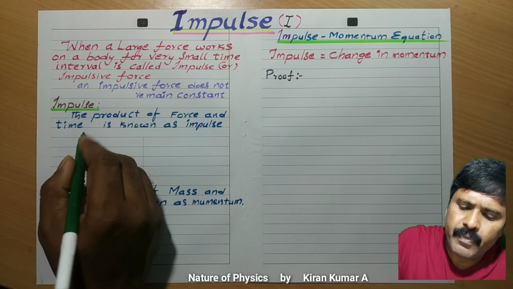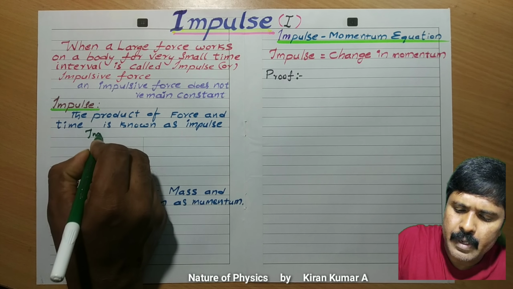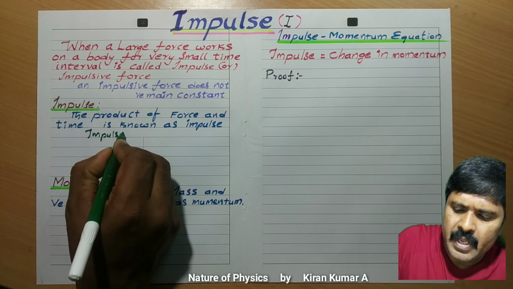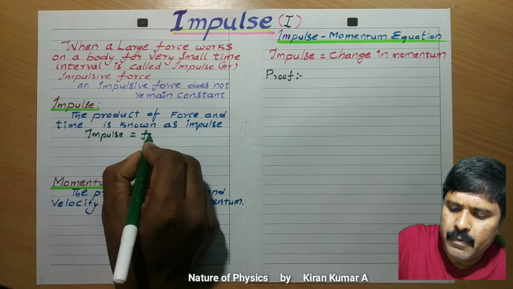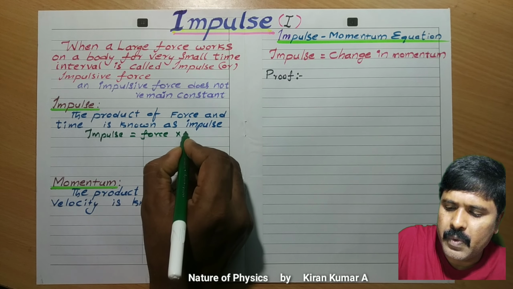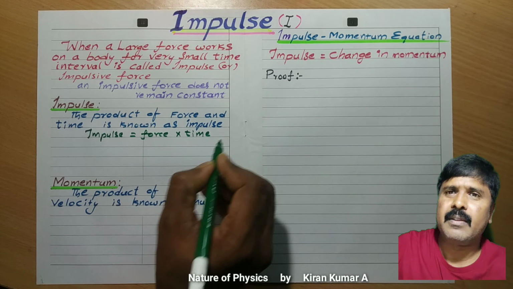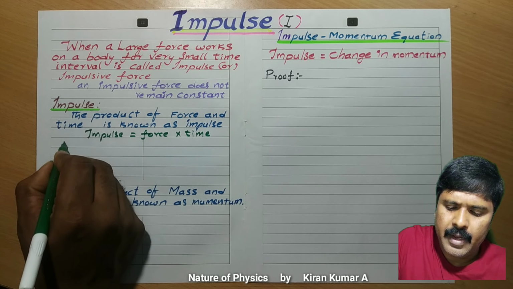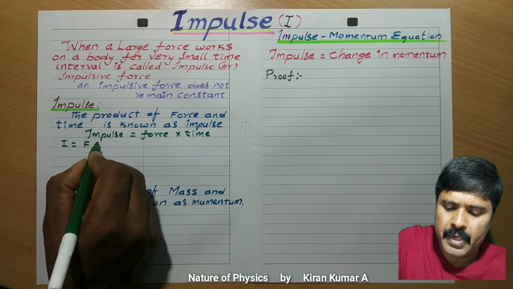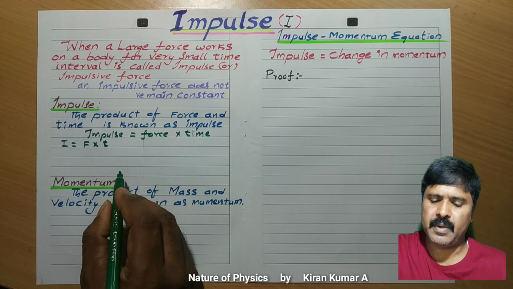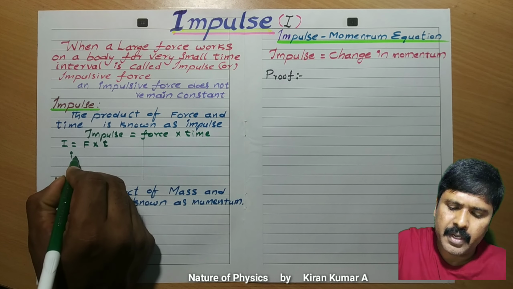So, impulse is equal to force into time. That I can write as I is equal to F into t, student. It is a vector quantity.